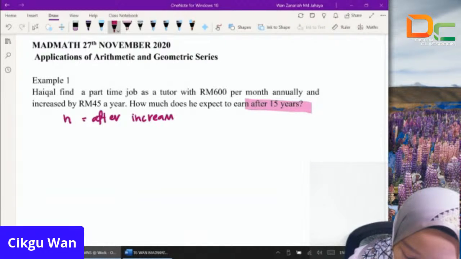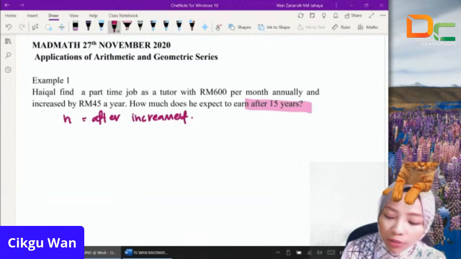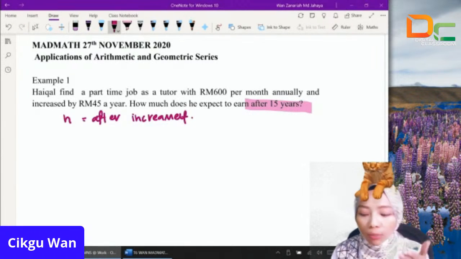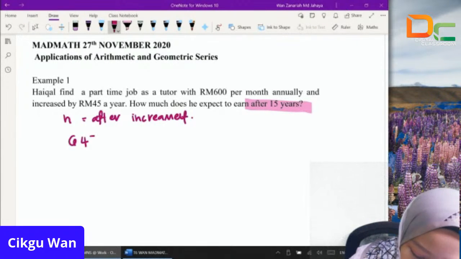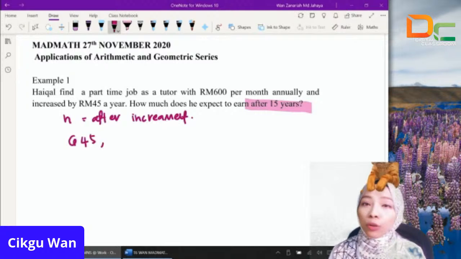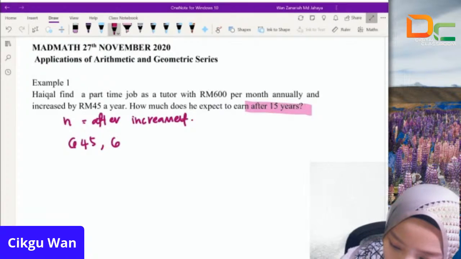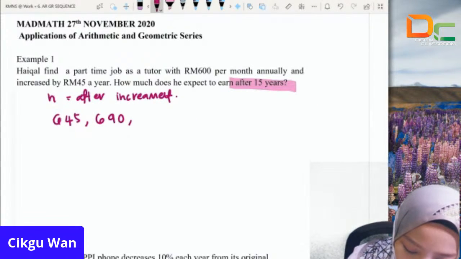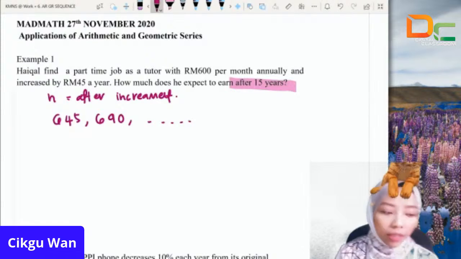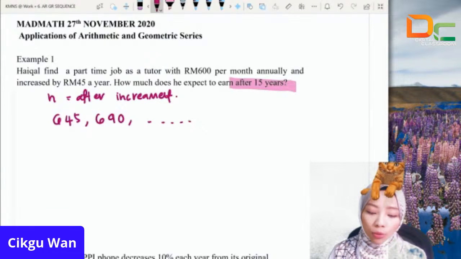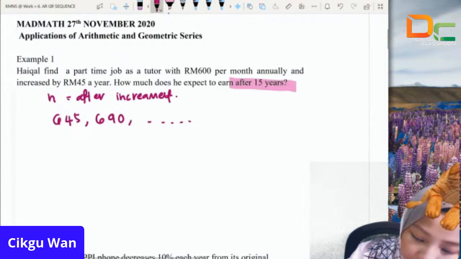So after increment, 600 will be 645 ringgit and then followed by another 45 plus, so it gives us 690 and so on. Okay, dot. Alright. So what is our A? Okay, what is our A?